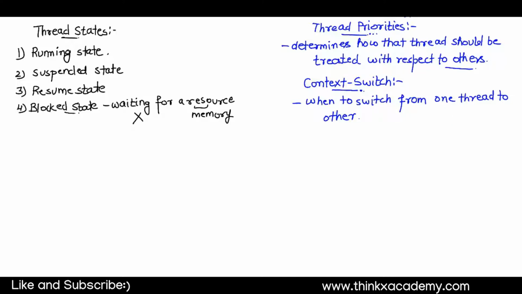What this means is, for example, there is a thread in a program and there is another thread in the program, and I say that the thread running this part of the program has a high priority, which means that this thread will run first, and this one has a lower priority.